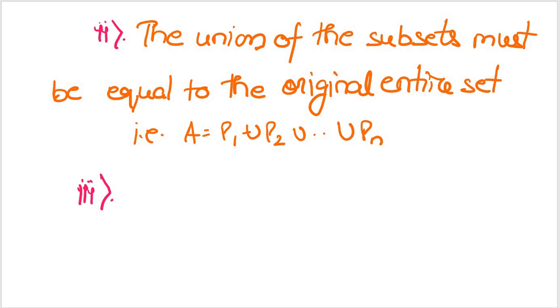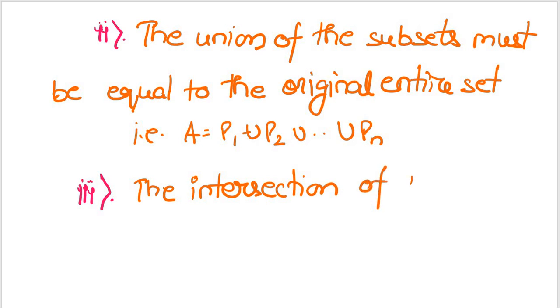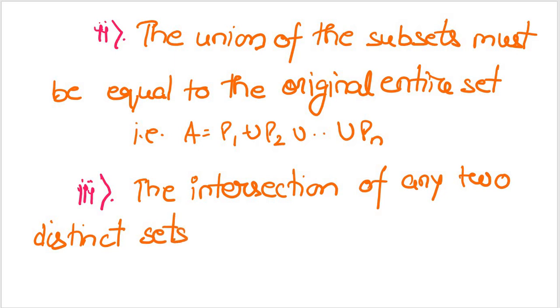And the last one is that the intersection of any two disjoint sets, sorry, not disjoint, distinct sets, is an empty set. Disjoint will take us to a different meaning.